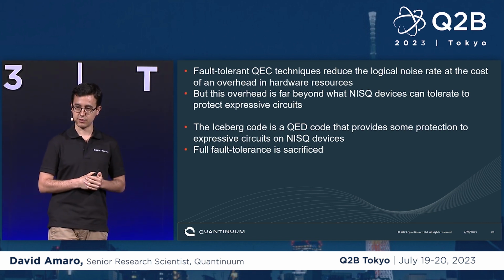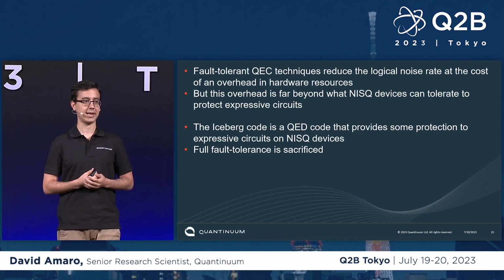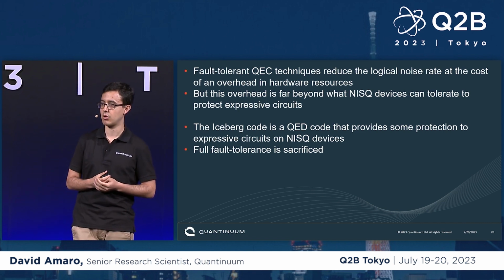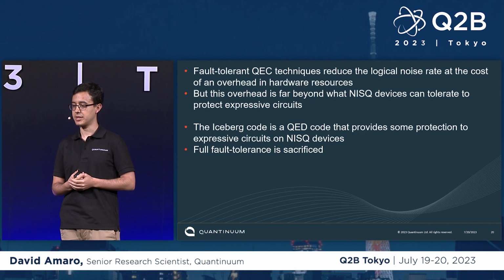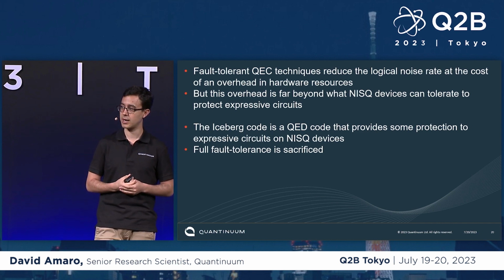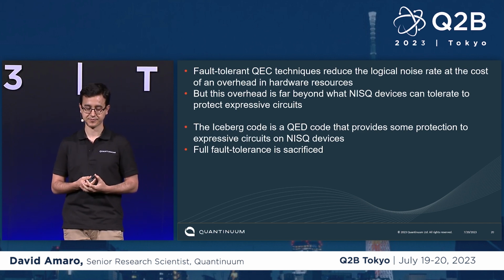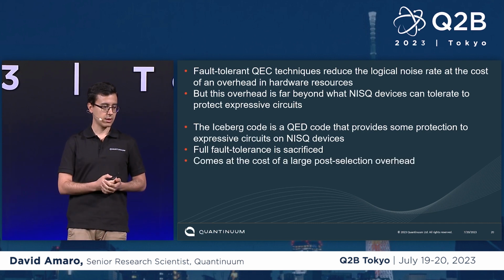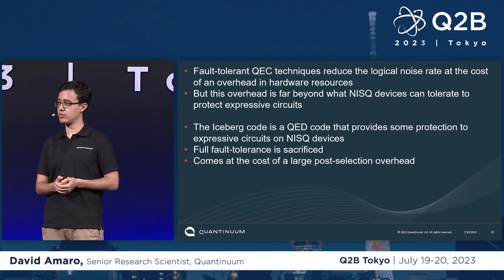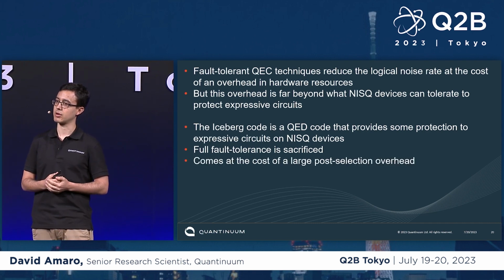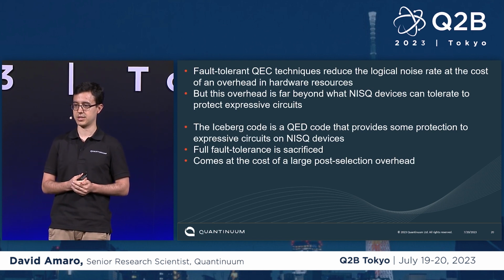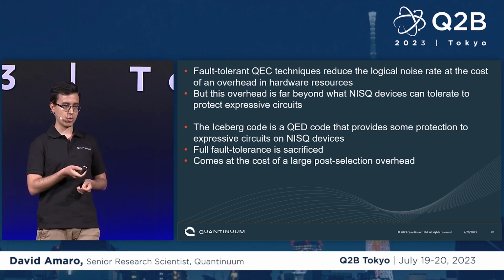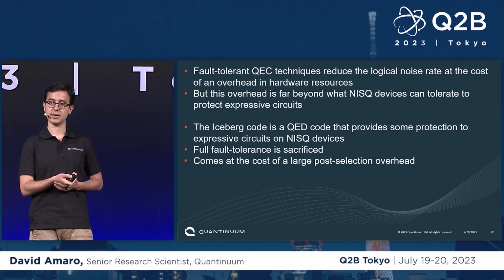We replaced that fault tolerance by a clean implementation of the logical gates. So in this case, the logical gates are really well adapted to our devices. And the cost we have to pay is a discard rate. We need to repeat our circuits more times. And at the moment, this is the bottleneck of the iceberg code.